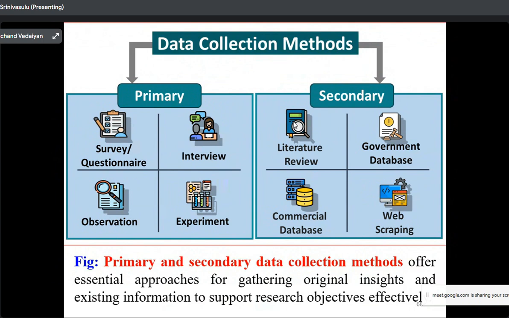Secondary data collection methods include literature review, government databases, commercial databases, and web scraping. So primary and secondary data collection methods offer essential approaches for gathering original insights and existing information to support research objectives effectively.